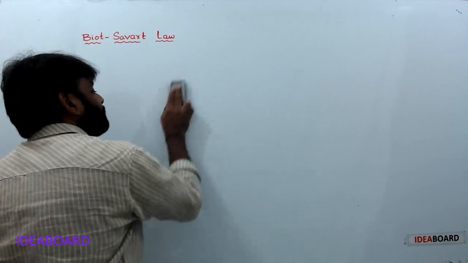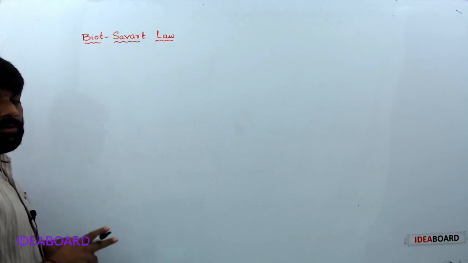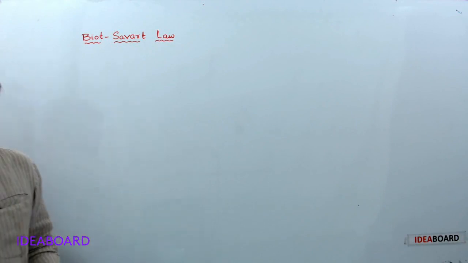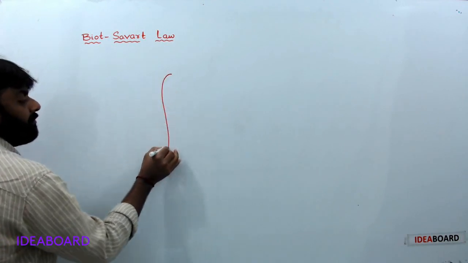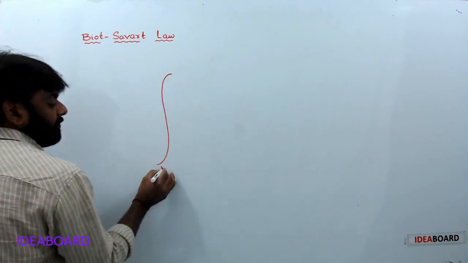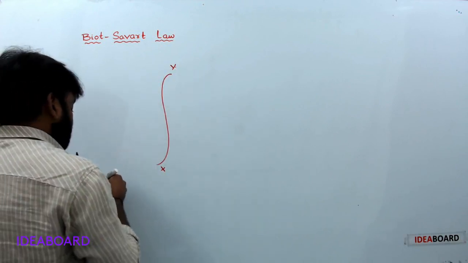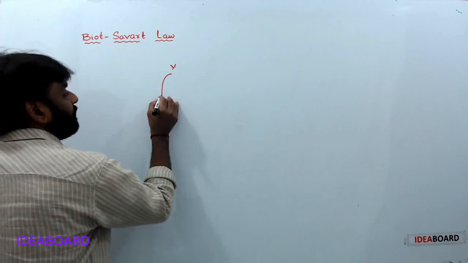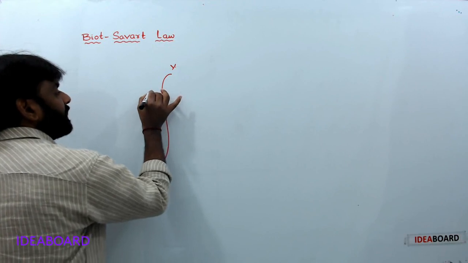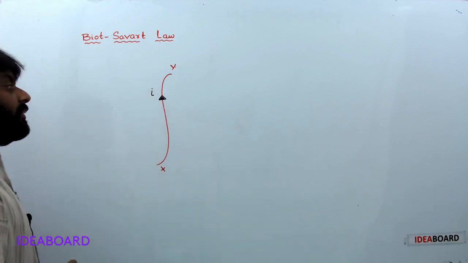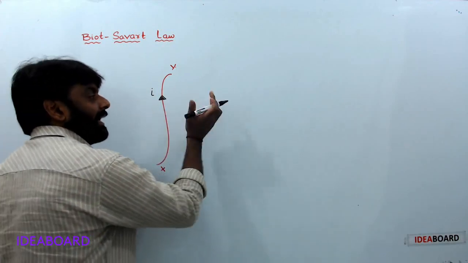Now consider one wire. XY is the wire. Here the passing current is I. If the current is passing through this wire, it produces a magnetic field around it.